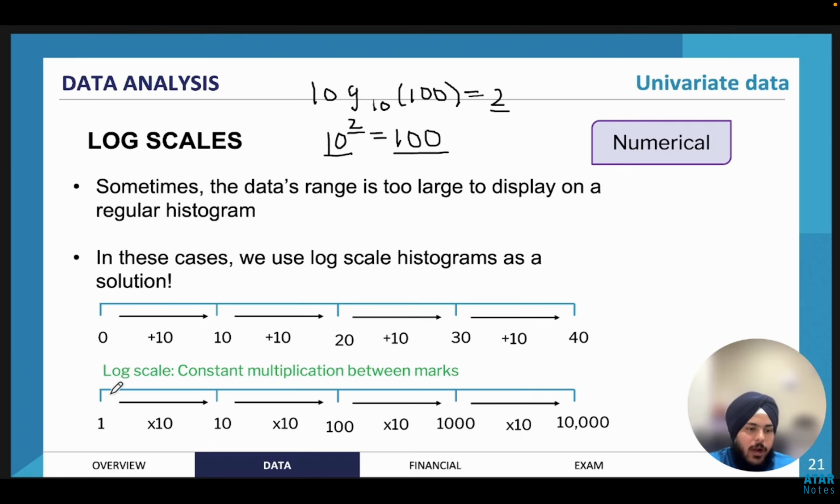From 1 to 10 is the same as 10 to 100, which is just not accurate. So instead, what we'll do is use a log scale. So this might be 0, this might be 1, and this might be 10, for example. By using those log scales, we have made the way that we've represented the data so much more accurate.